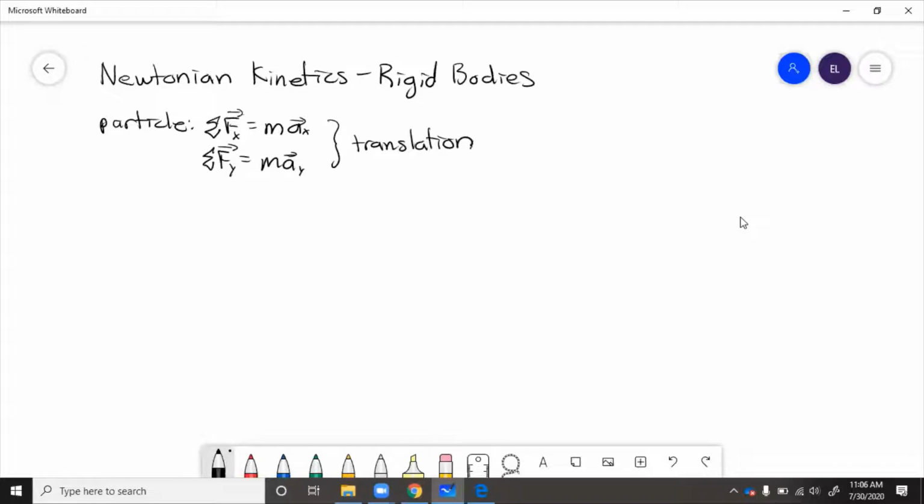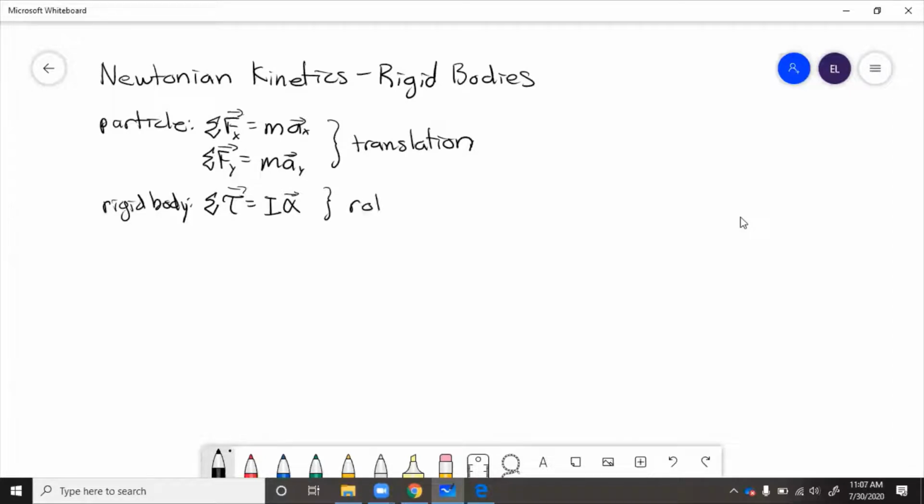Now for rigid bodies, we get these two equations, plus since a rigid body can rotate, we get a third equation. The sum of the torques equals moment of inertia times angular acceleration.